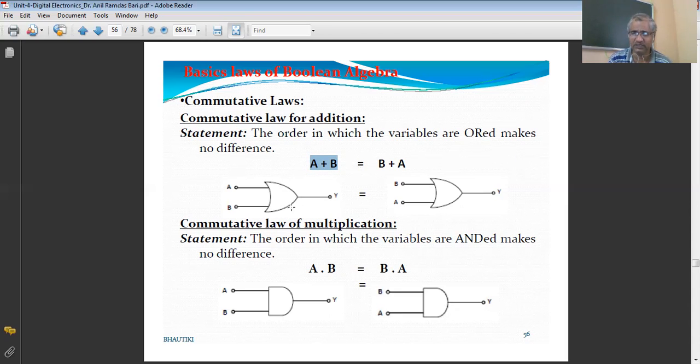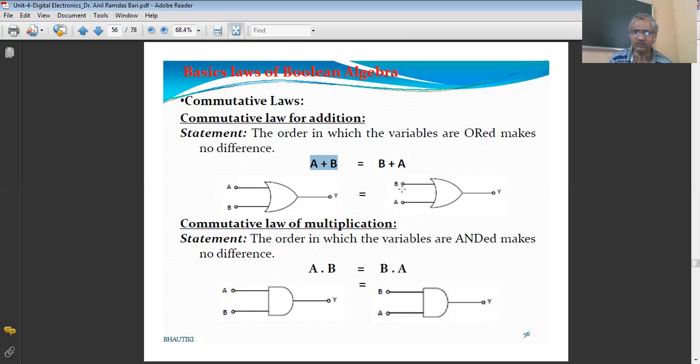Let us take the example. Suppose this is the OR gate, which has the variable a as the input and b as the input. The output of this OR gate is a plus b. Whatever the inputs you use to the OR gate, the output will be a plus b. So it is called the OR output.